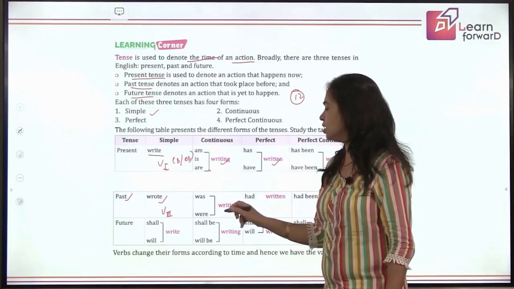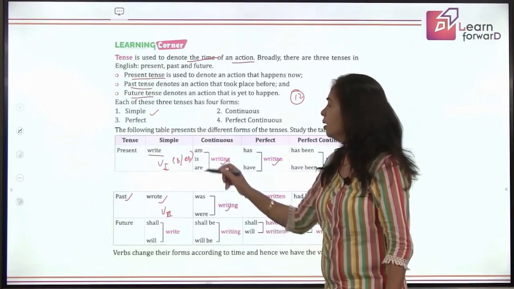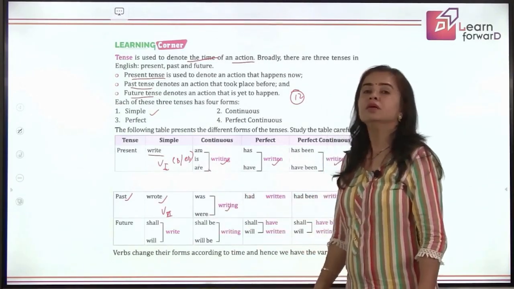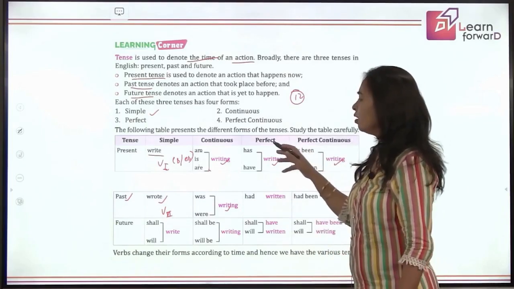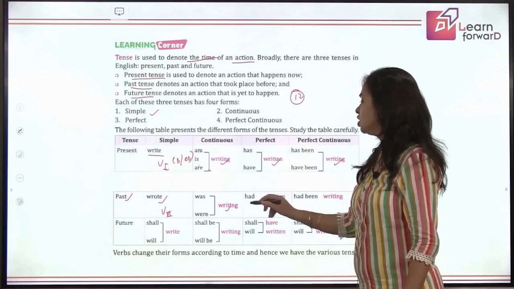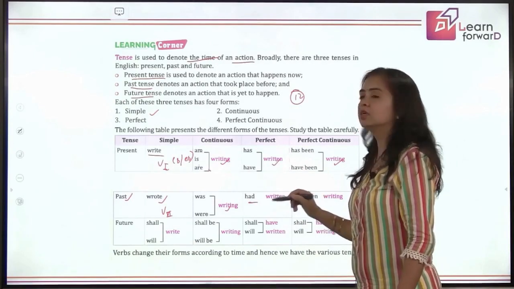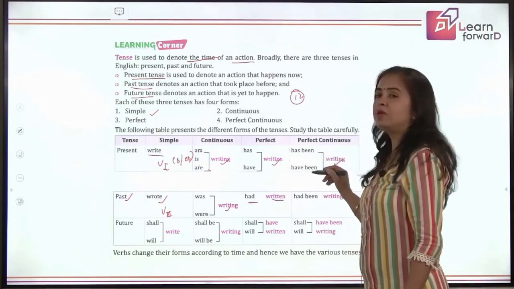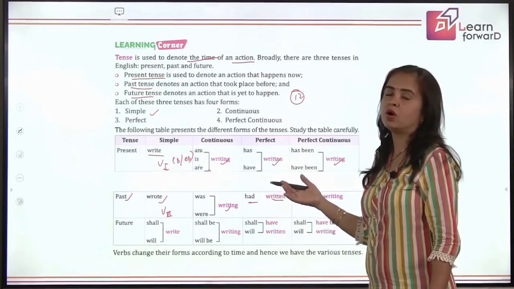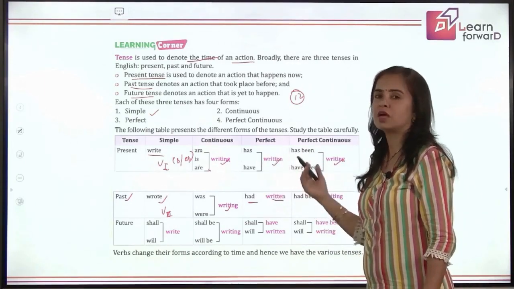So what you see is the ing form is the same, but is, are, am from present changes to was, were in past. When you talk of past perfect tense, has, have changes to had, and this is the third form of verb. Has, have been, ing changes to had been, ing when you talk about past perfect continuous tense.